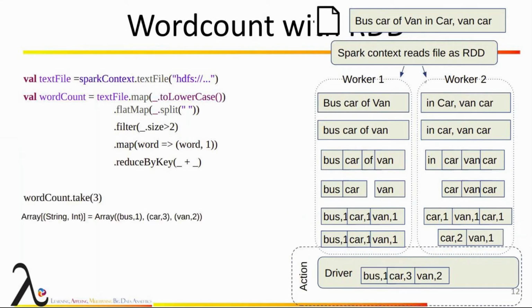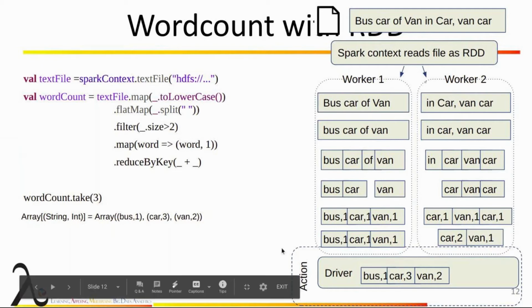And at the end we are showing the results using wordCount.take. We are taking only 3 words and showing their sums as a result. And here you can see that this is now an array because everything was brought back to the driver node, and it has been converted into a simple array to show the results.